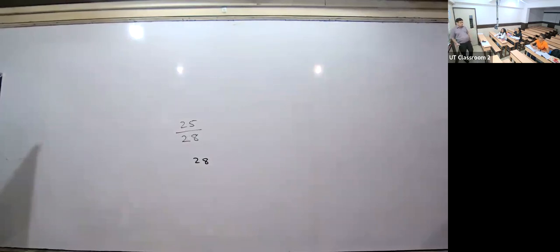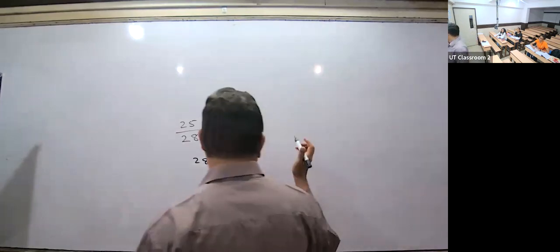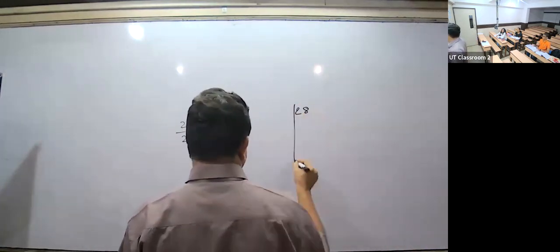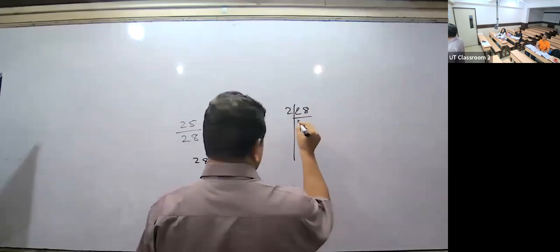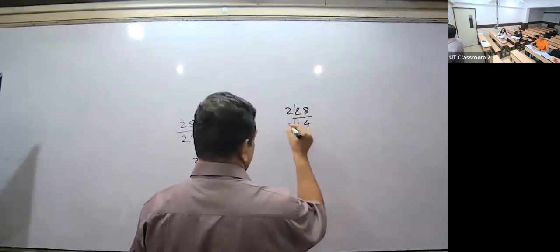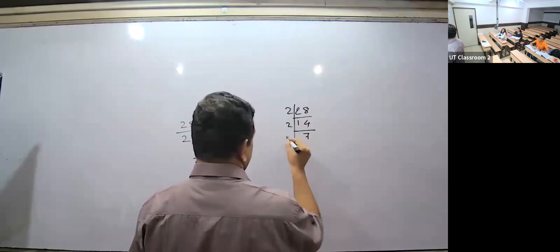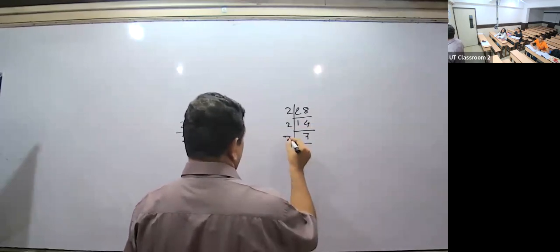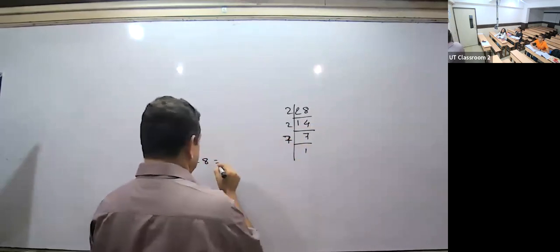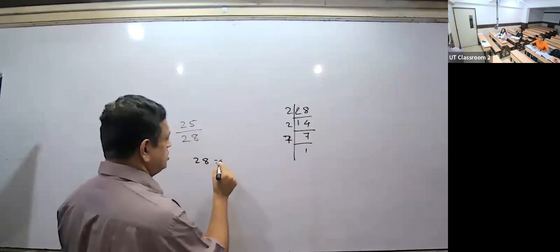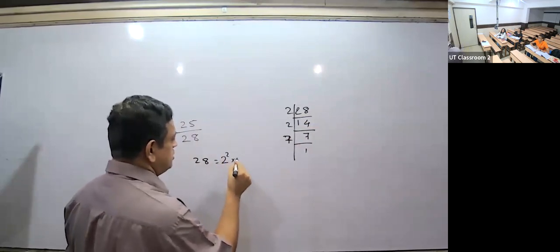Now we are going to do prime factorization. When you do prime factorization of 28, what do we get? 2 times 14, 2 times 7. Therefore 28 can be written as 2 square into 7.